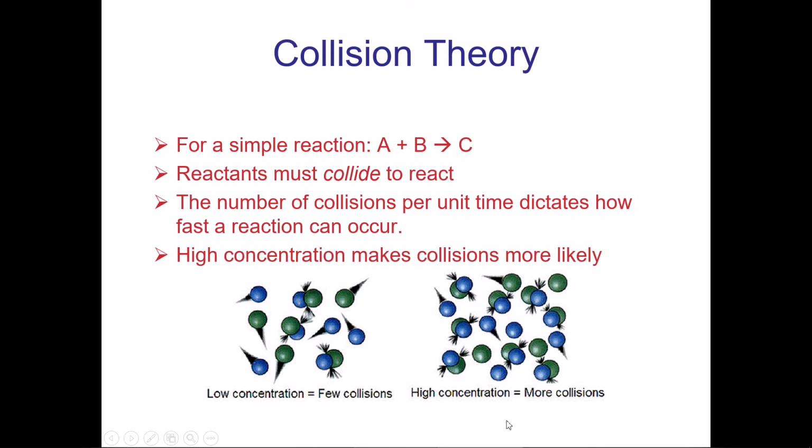So when we change the concentration of our two reactants, A and B, or changing just A or just B, it affects how fast our reaction runs. So at lower concentrations, less billiard balls gives us fewer collisions. At higher concentrations, more billiard balls will give us more collisions.